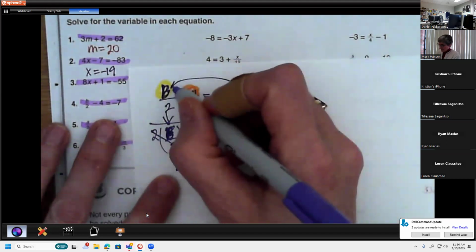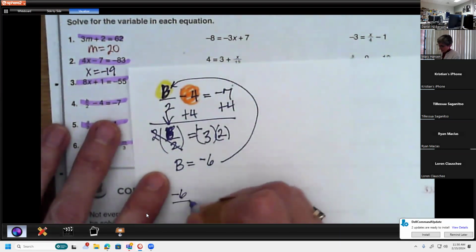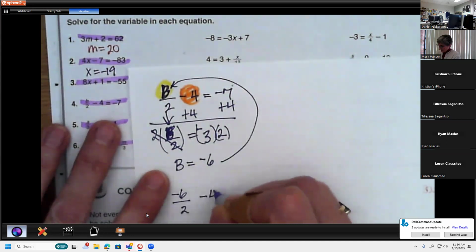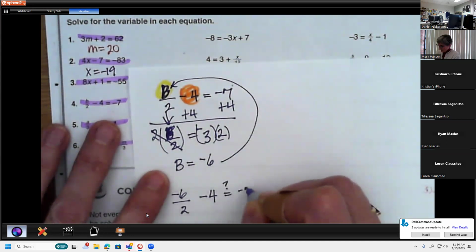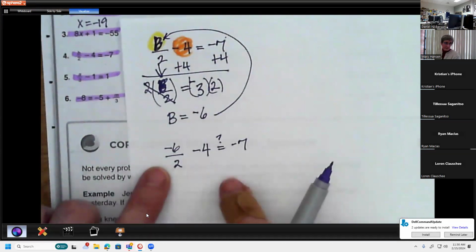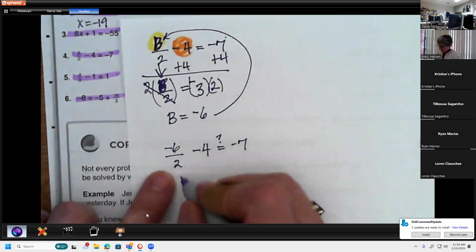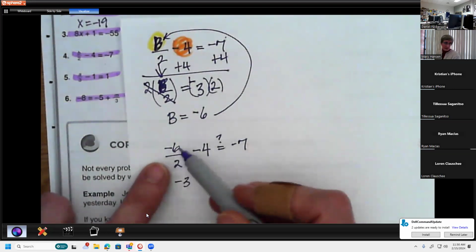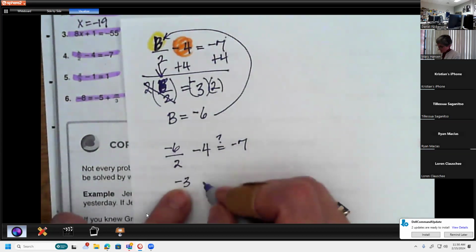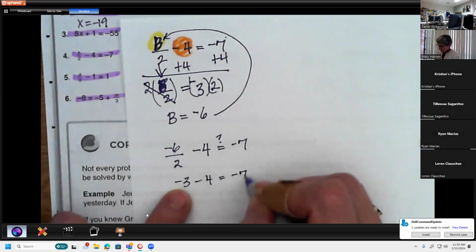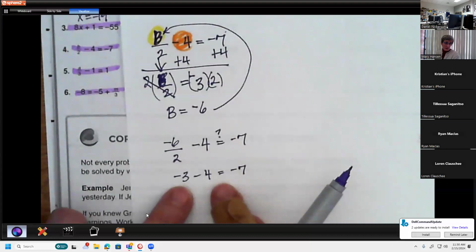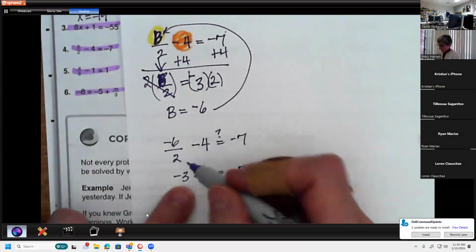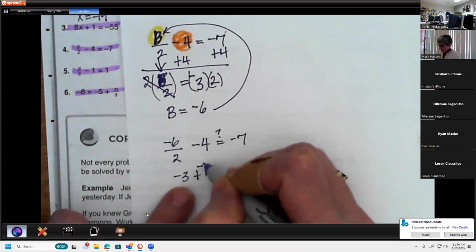Again, I can come back up here. Is -6 divided by 2 minus 4 really equal to -7? -6 divided by 2 is -3 because the signs are different, so the answer is negative. And -3 minus 4, you may know that that's -7, or you can change subtraction to addition.